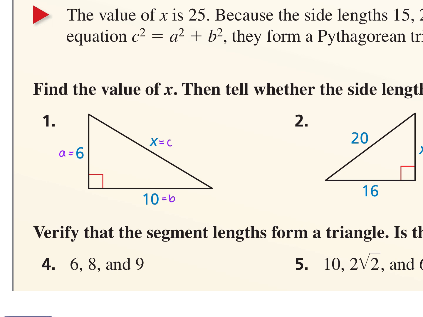So solving it, I have a squared plus b squared equals c squared. So I'm going to have 6 squared plus 10 squared equals x squared. Solving it, 36 plus 100 equals x squared. Adding, I'm going to get 136 equals x squared.